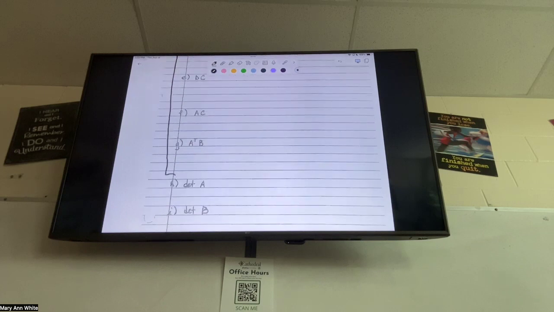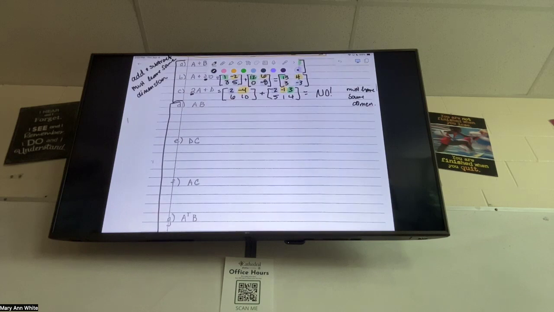So when we do multiplication, the number of columns in the first matrix must equal the number of rows in the second matrix.